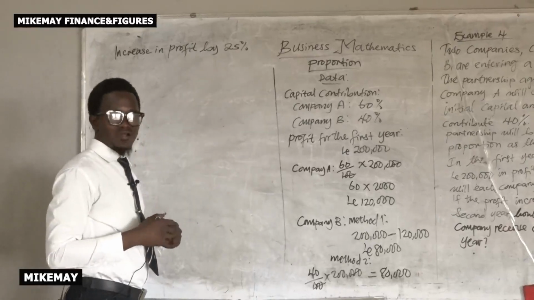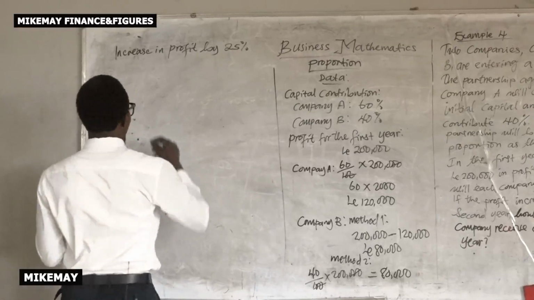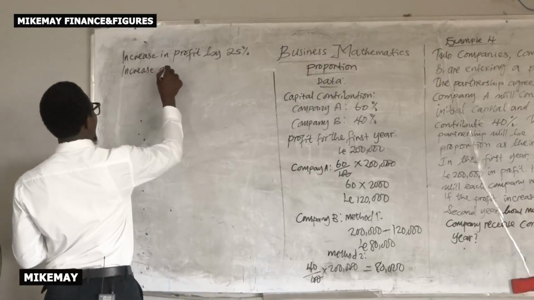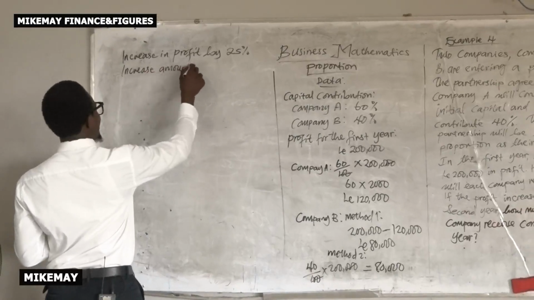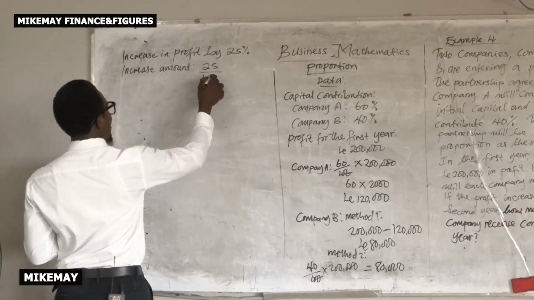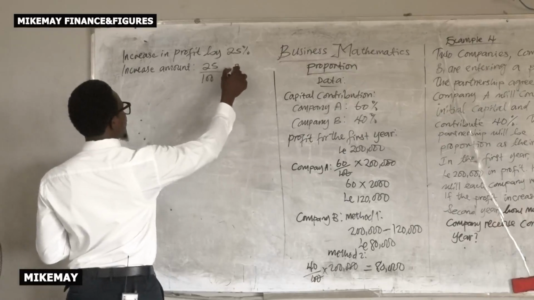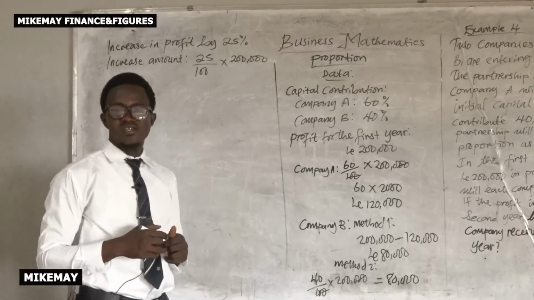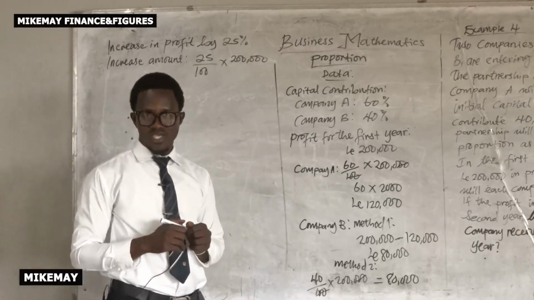So let us find out the increase amount. Increase amount, it is the 25 by 100 times the 200,000 they initially generated in year 1. Okay?